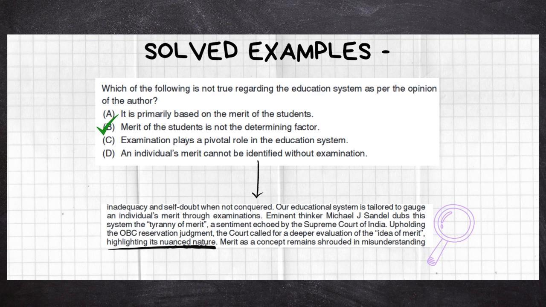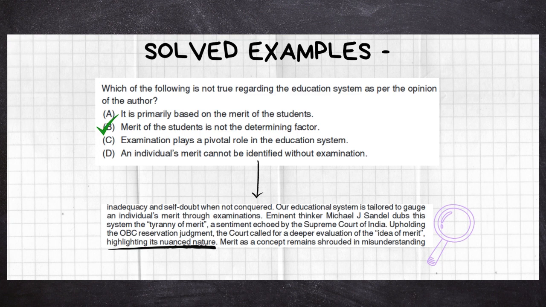The first statement is obviously true. The whole extract revolves around the disadvantages of the merit system. The third statement is also obviously true. The passage clearly states that the examination does indeed play an important role in the Indian education system. The same can be said for the fourth option.